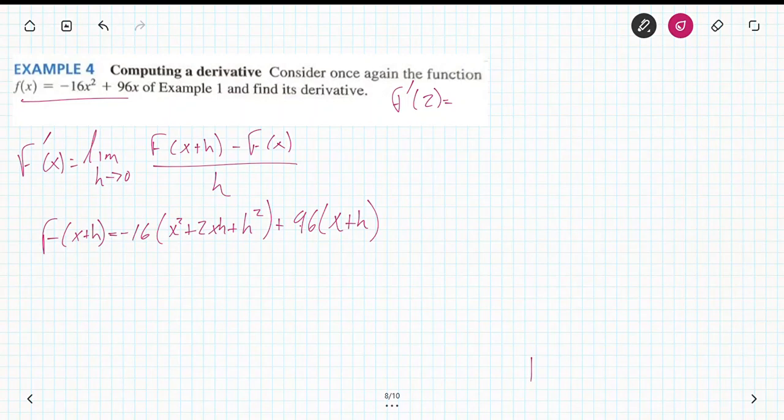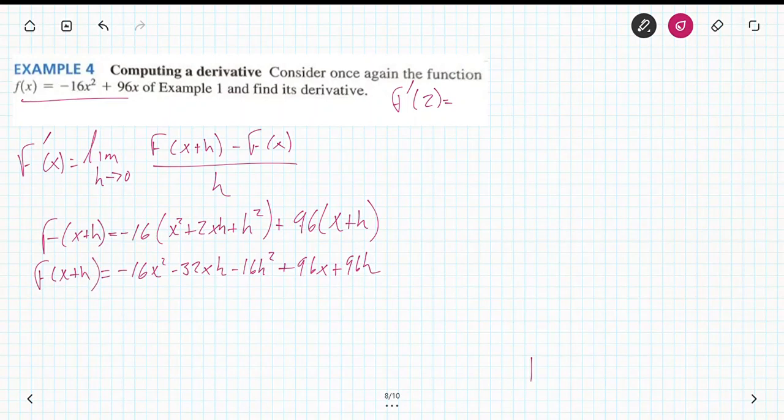Now I'm going to distribute that negative 16, and I'm going to get negative 16x squared minus 32xh minus 16h squared plus 96x plus 96h. Okay, so now I know what f of x plus h is.